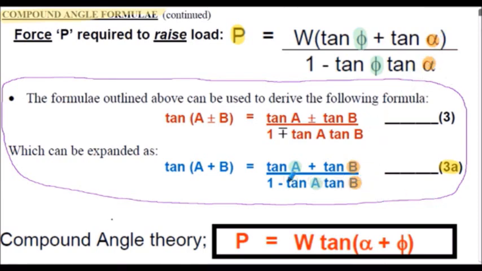So that's how we can use the compound angle formula to simplify the right hand side into simply tan of A plus B. So tan of alpha plus phi.